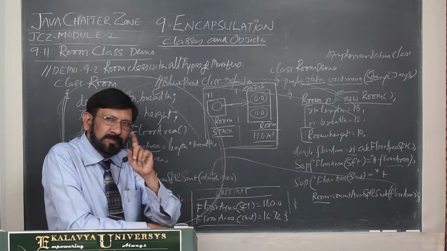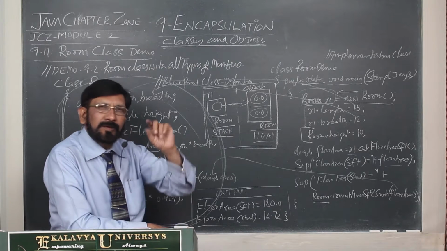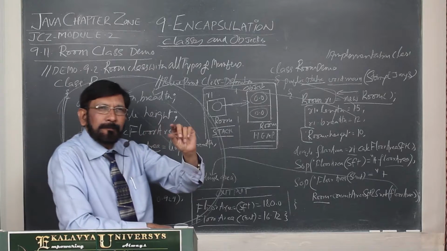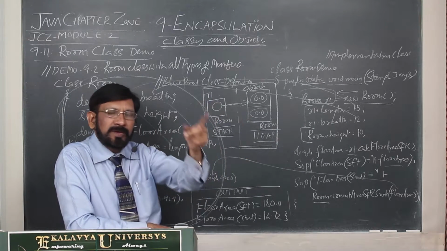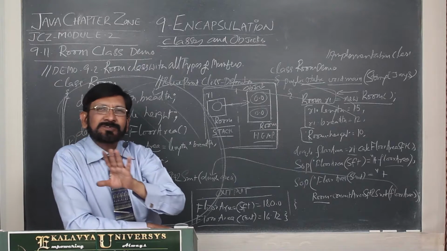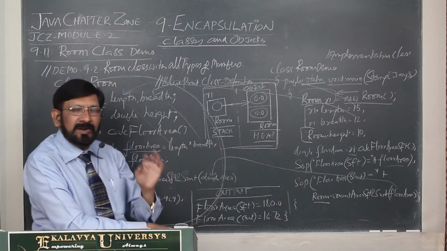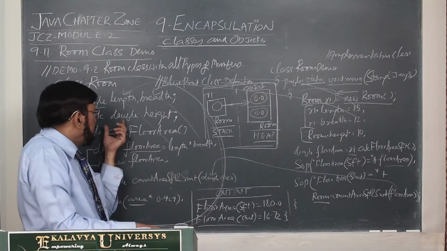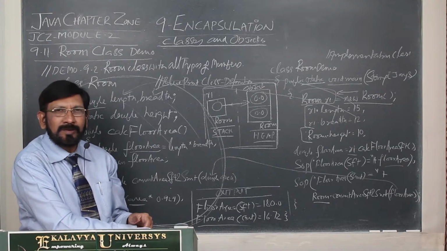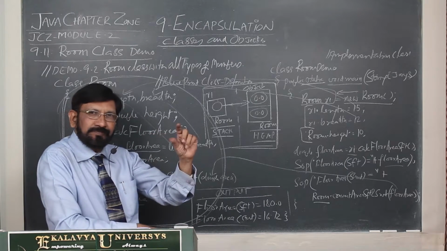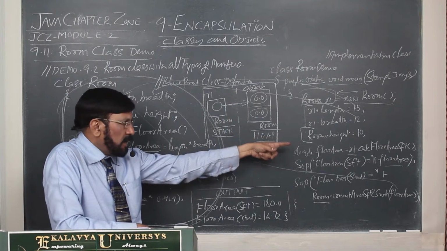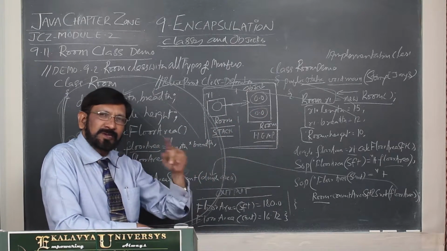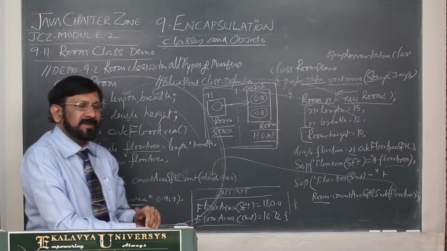We define static variables when a common value is used by all the objects; that is the right candidate for declaring a static variable. In the previous case, pi is used by every circle object, that's why we declared it as static.